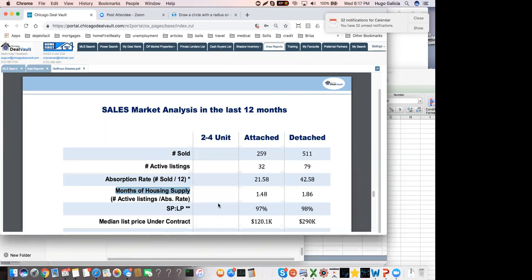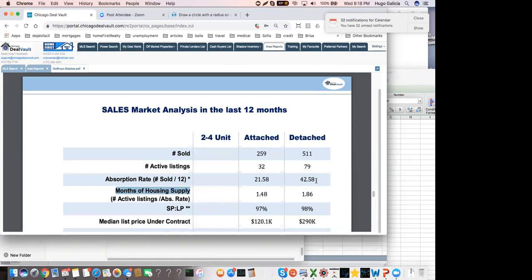It means that, let's assume we freeze all the active inventory for sale in an area. It will take almost 2 months before all the inventory runs out and it's sold out. 2 months, friends. So the lower the months of housing supply, the hotter the area. And for absorption rate, make sure you make a note: anything over 20% is a seller's market.